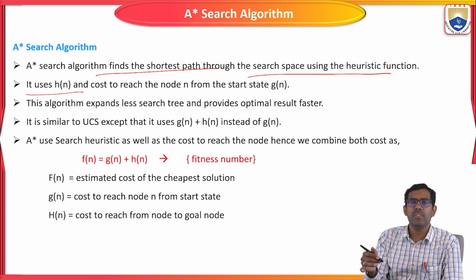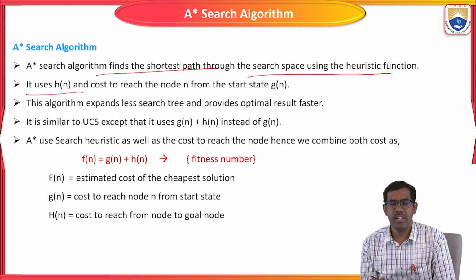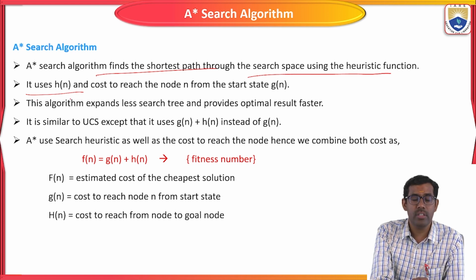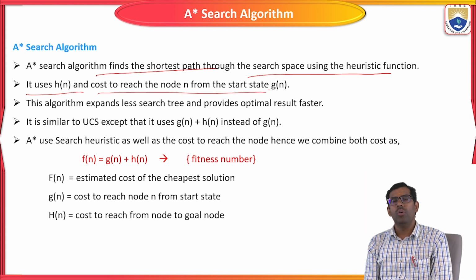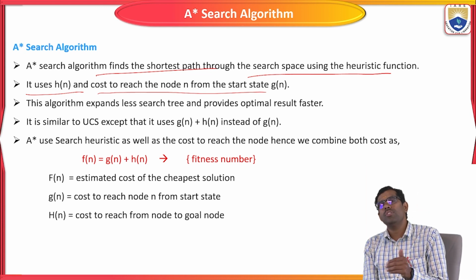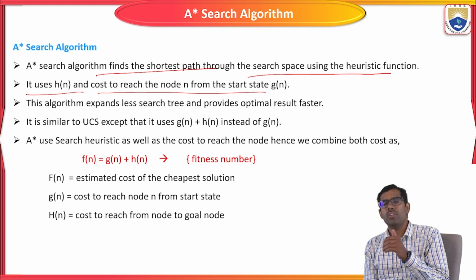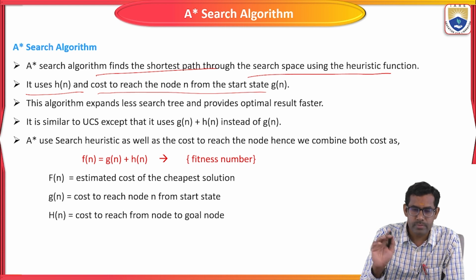Here, additionally, we use the cost of the particular selected best node. So here we use h of n, the heuristic function, and the cost to reach the node from the start node. We consider the source node to some other node, and that cost is considered to find the shortest path.